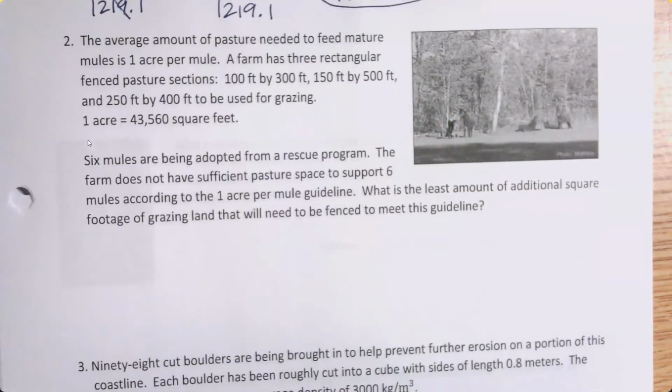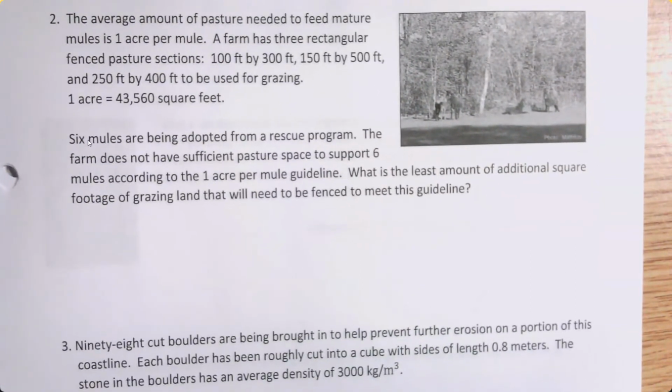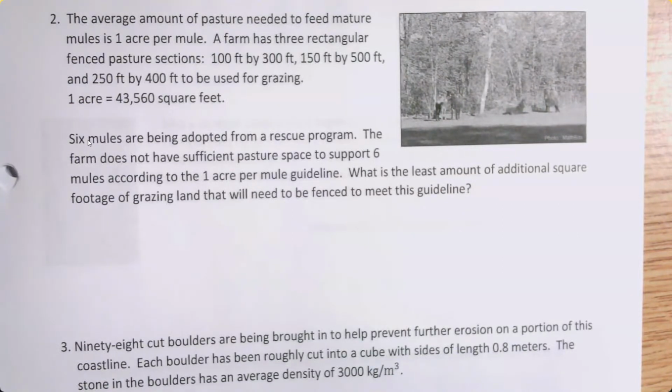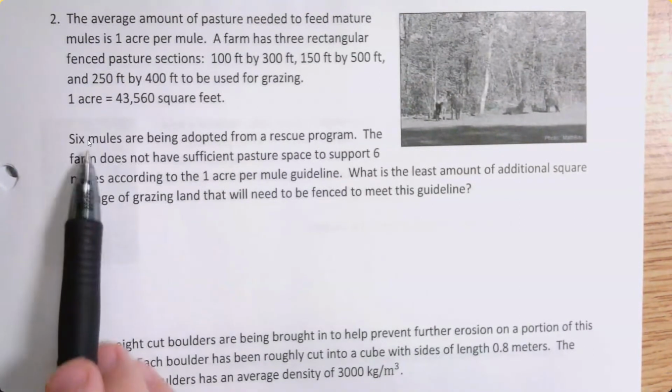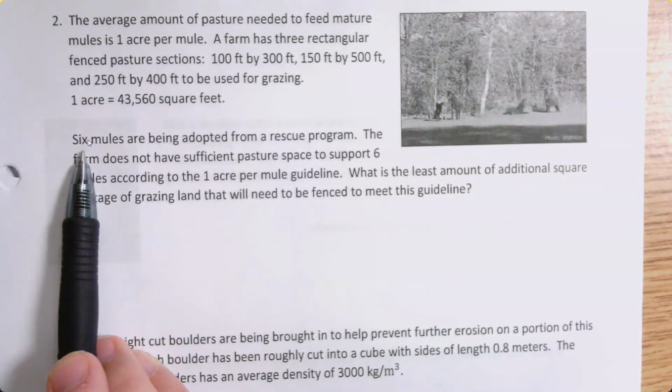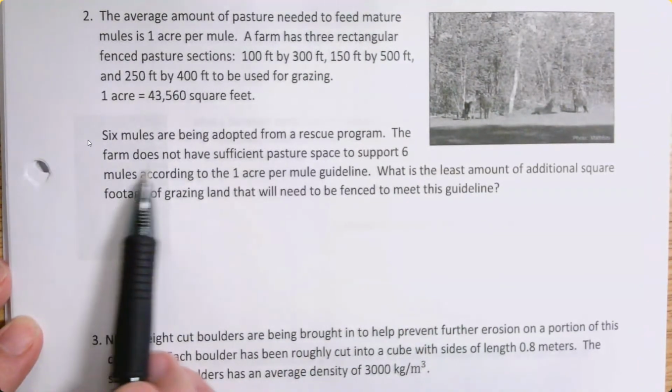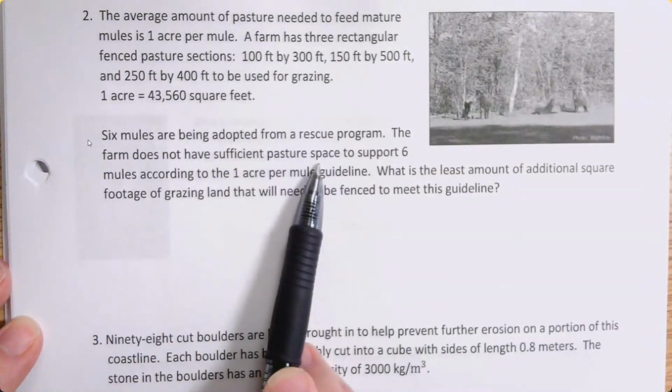Alright, next up, this one is kind of a weird question. It says the average amount of pasture that the user currently uses is 1 acre per year. And then it tells me about 3 pastures at this farm and that they're going to be getting 6 mules. And right now, the farm does not have enough pasture space for 6 mules.